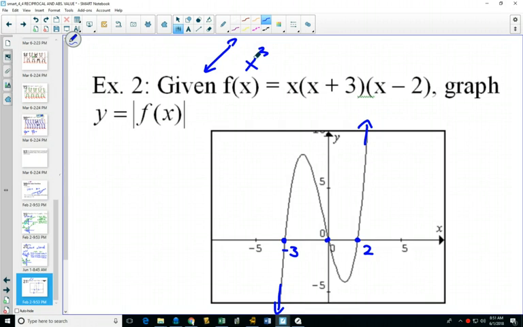And now we want to graph the absolute value of that. So once you've graphed your initial function, all the absolute value does is change y values to positive.